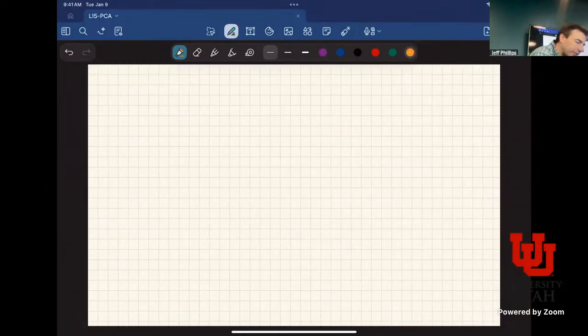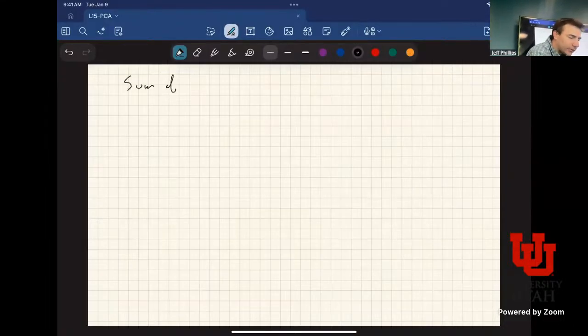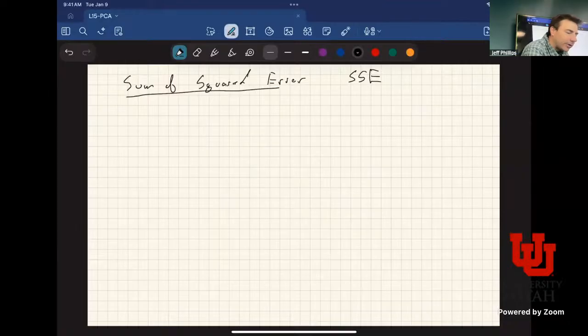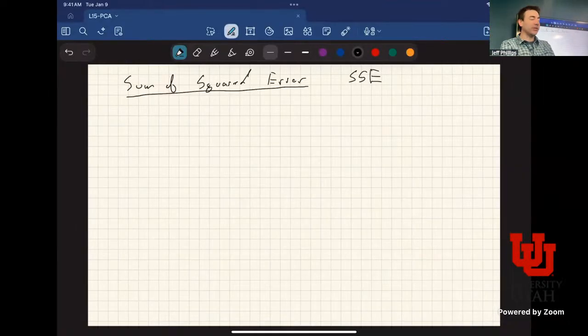Okay, so now let's write down the goal here, the sum of squared error, SSE. If you remember in the 3190 course, Foundation of Data Analysis, you focused almost exclusively on the sum of the squared errors in that class.